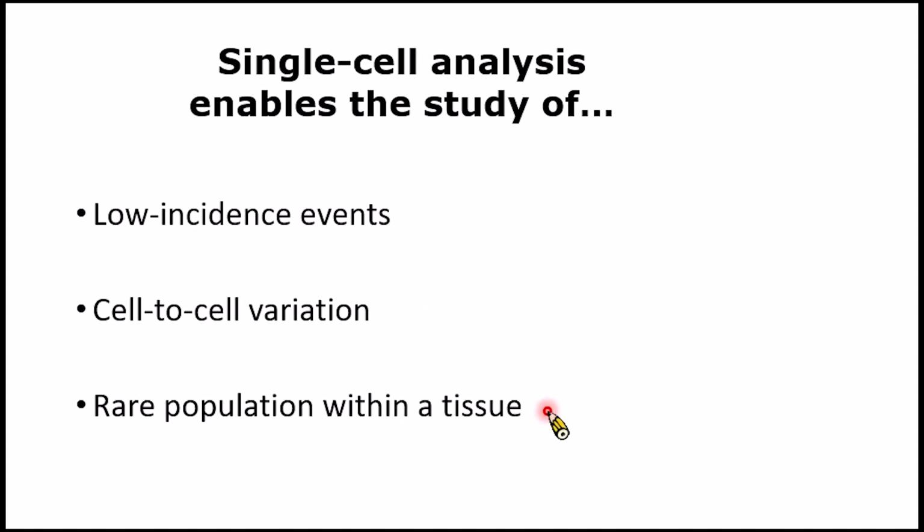The last example is that a tissue is often heterogeneous, right? So in a tissue, there will be different cell types, and some of the cell types are going to be really rare. In that case, if you analyze the whole tissue, you won't see those rare populations. And you're going to need single-cell analysis, which allows you to isolate and analyze the cells of your interest.